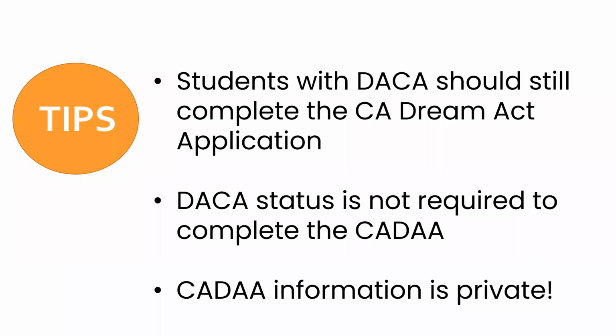This is a state application, and it's managed through the California Student Aid Commission, and they protect the confidentiality of the student records. There's never been any scenarios of them sharing information in the past about their immigration status. And they also comply with FERPA, which essentially protects the students' educational records. So this information is private and confidential.